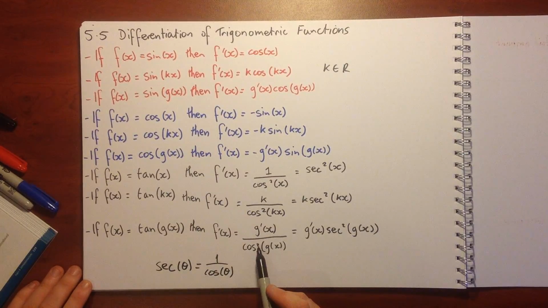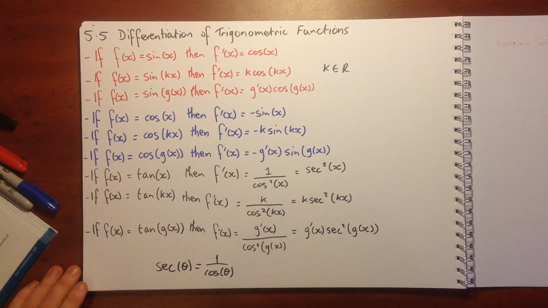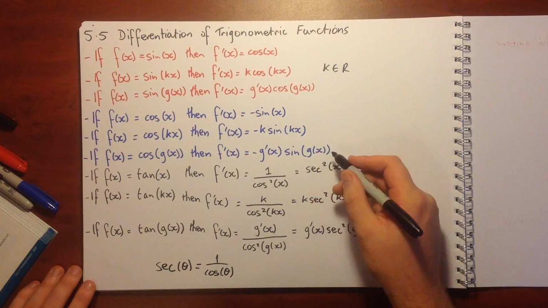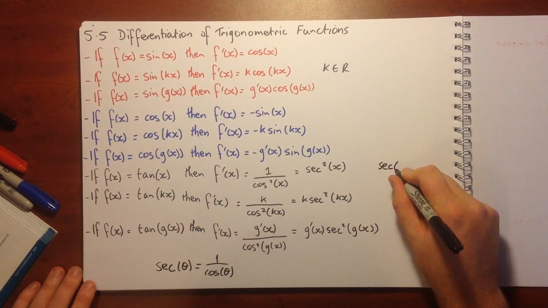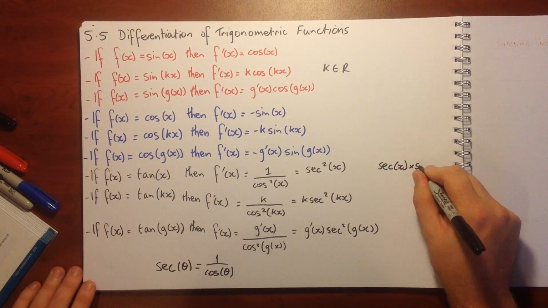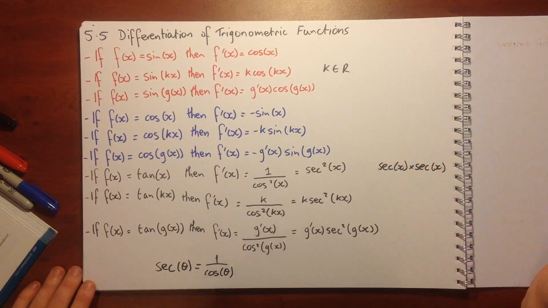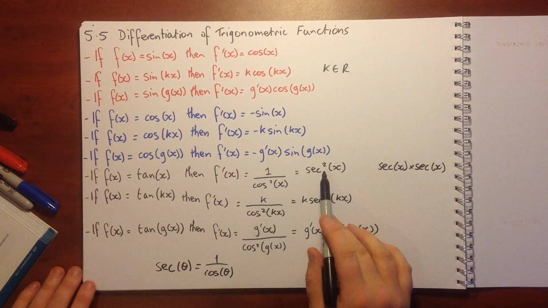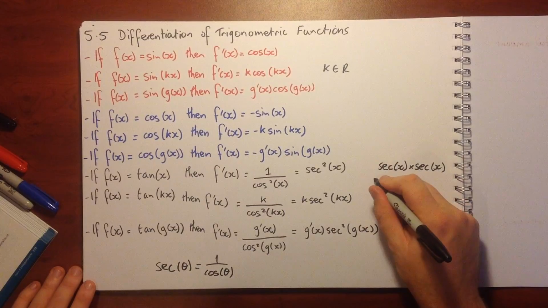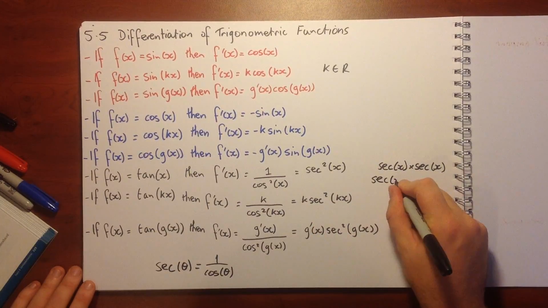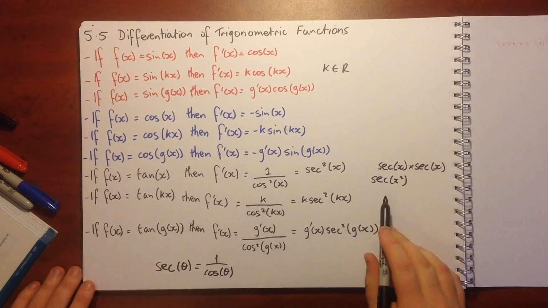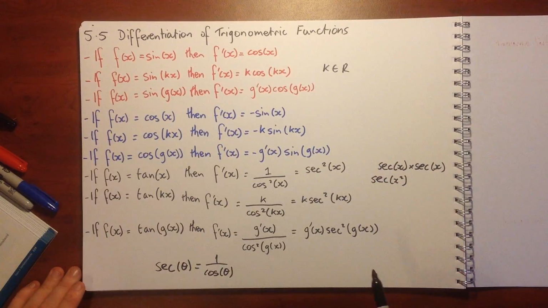So when we have cos squared of x, that means it's sec squared. Remember, when we're saying sec squared of x, that really means sec of x times sec of x as well. We put the squared there to tell the difference between this and that, where we actually have our x value that's been squared.